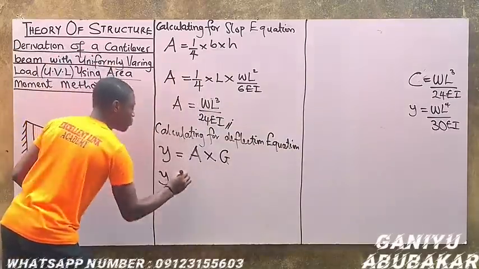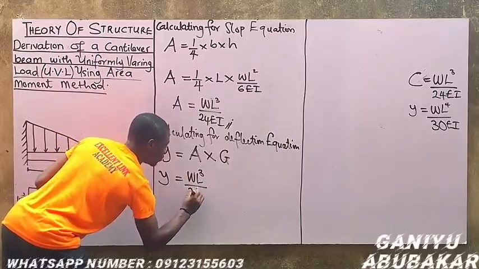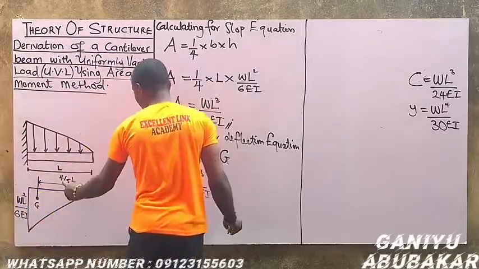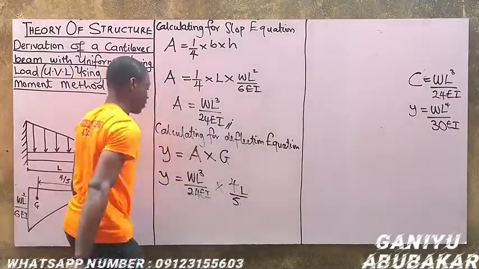My slope is WL cube over 24 EI multiplied by center of gravity, that's 4 over 5 of my length.